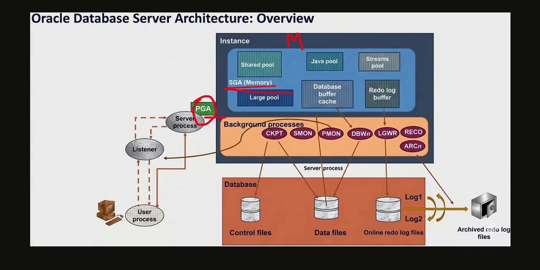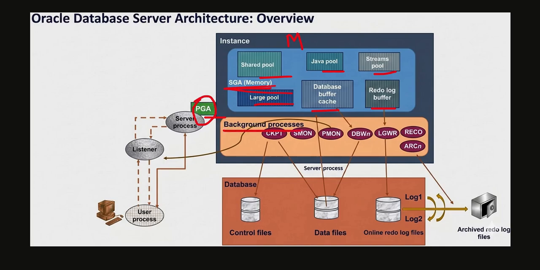In the SGA, there are some parts: shared pool, Java pool, streams pool, large pool, database buffer cache, and redo log buffer. These components are present within the SGA.